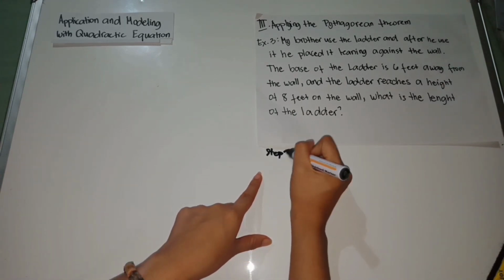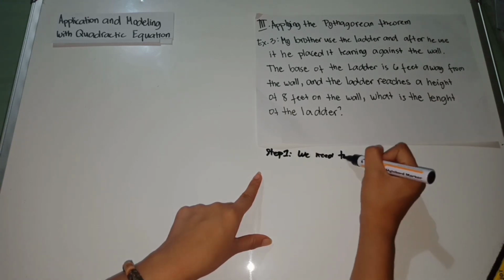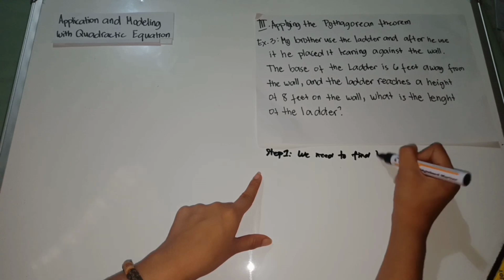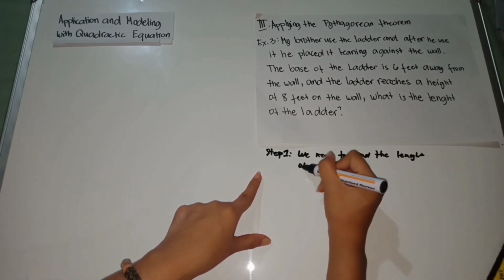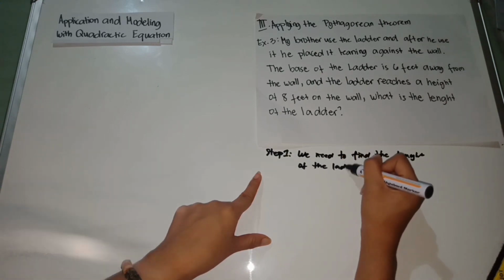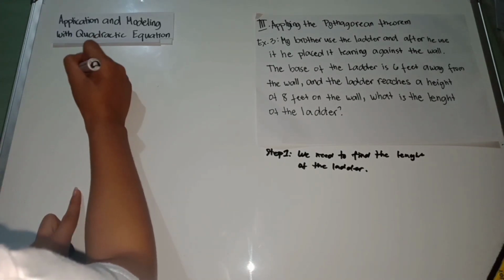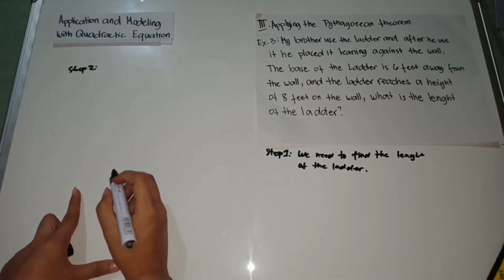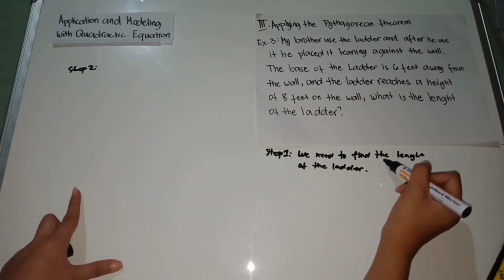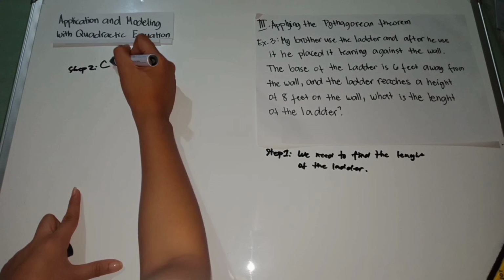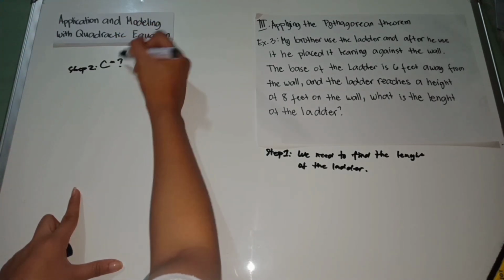Step 1. Our problem is that we need to find the length of the ladder. Step 2, we need to assign the variables. C is for the length, but C is not given, so C is a question mark.